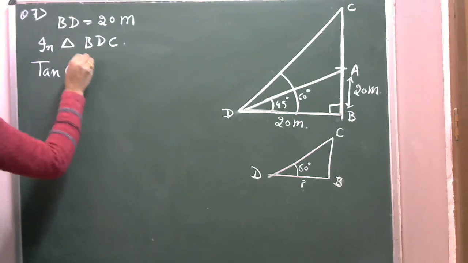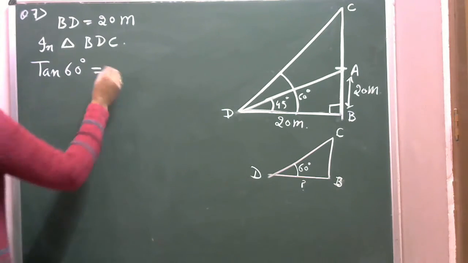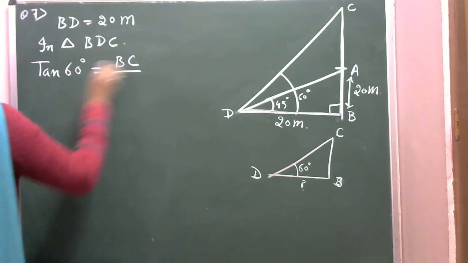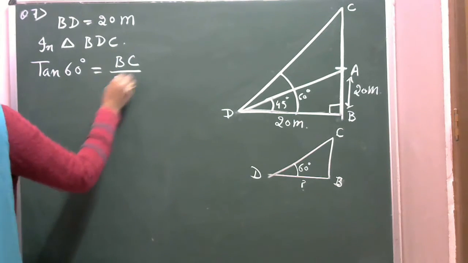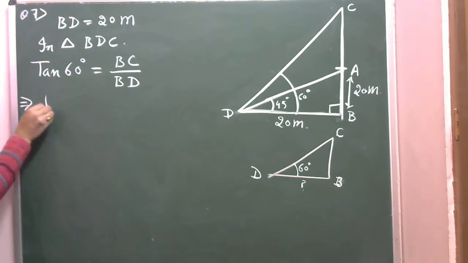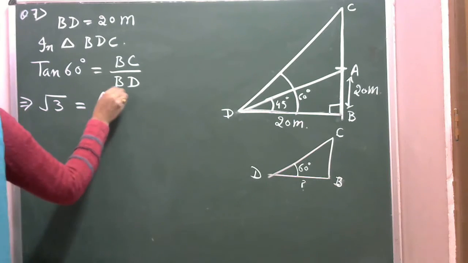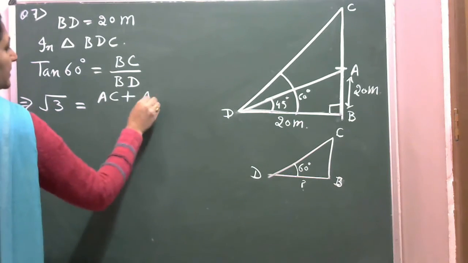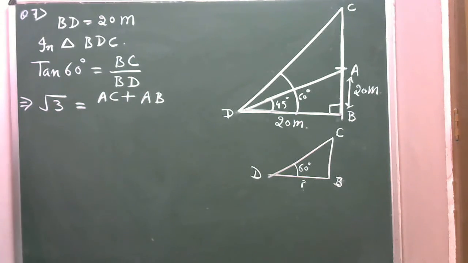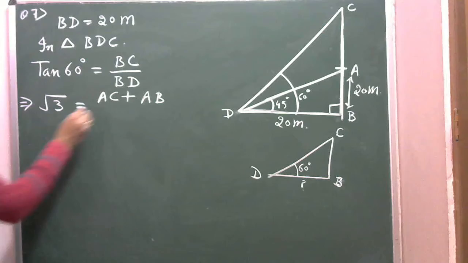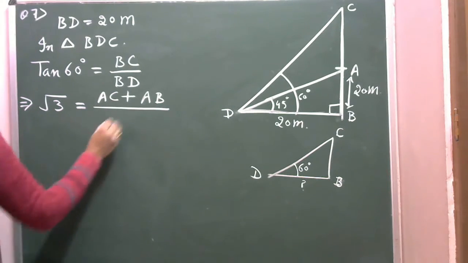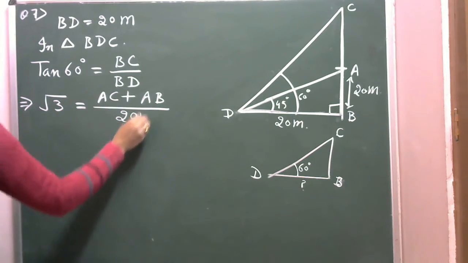Tangent of 60 degree is equal to, here perpendicular is BC over base BD. You know the value of tangent 60, under root 3, is equal to, BC is the combination of, it is the sum of AC plus AB, over BD, that is 20 meter.